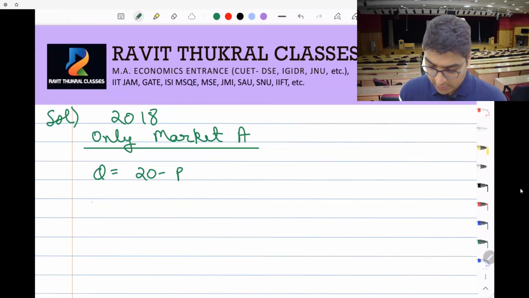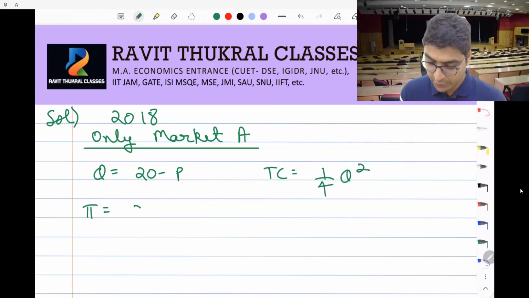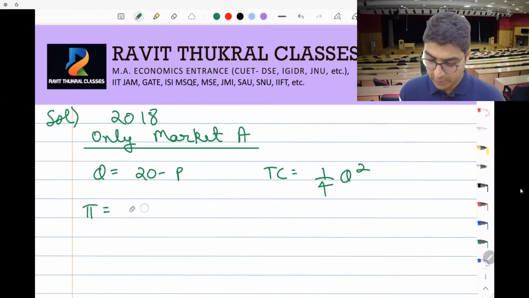The cost function is 1/4 Q square. So let me use the inverse demand function. P is equal to 20 minus Q.